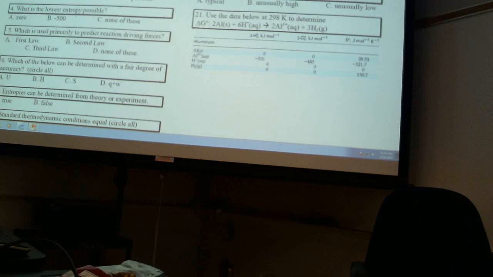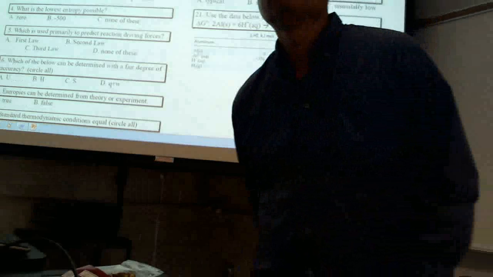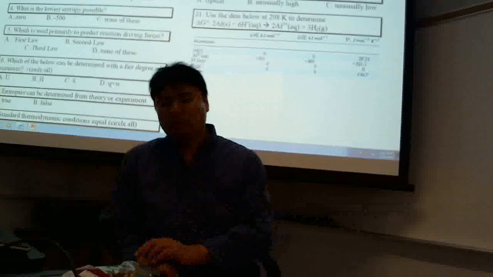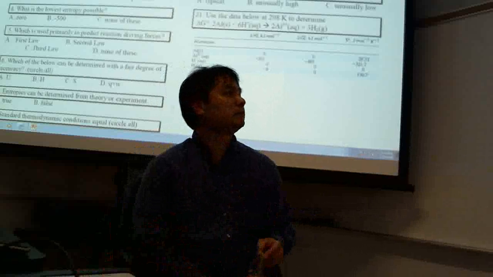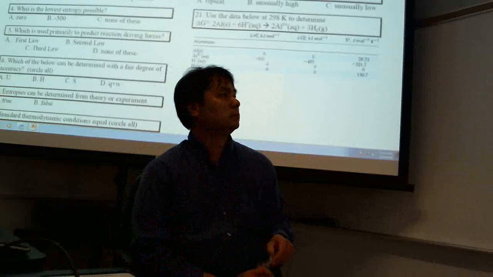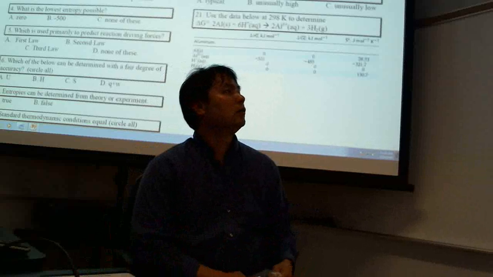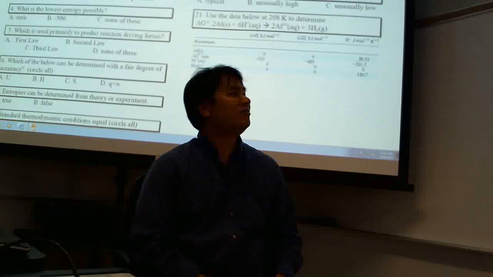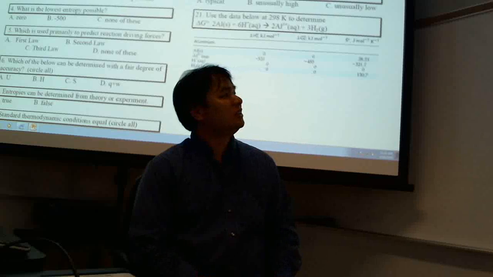What would you say about this one? Entropy increasing, decreasing, or staying about the same? I would say increasing because it goes from solid and gas to gas and liquid. Okay, but let's see.